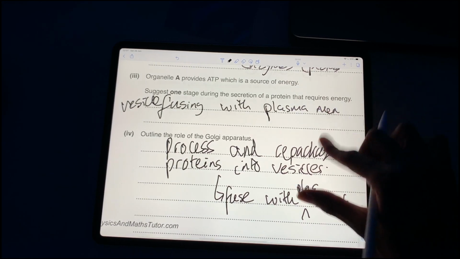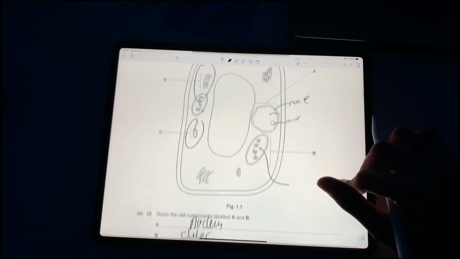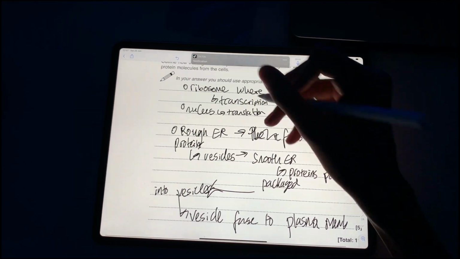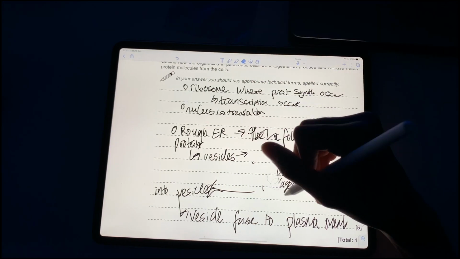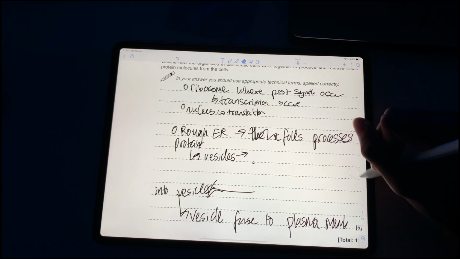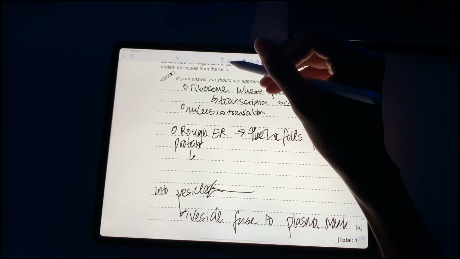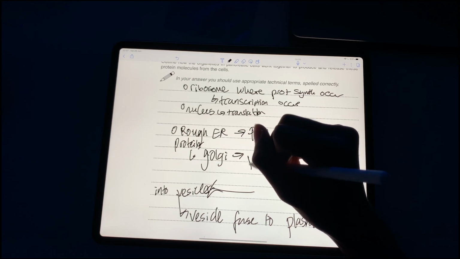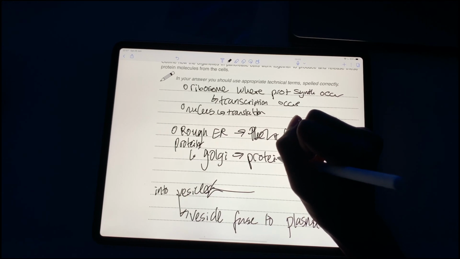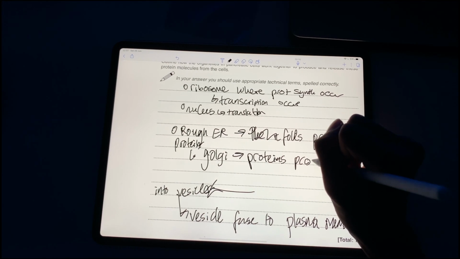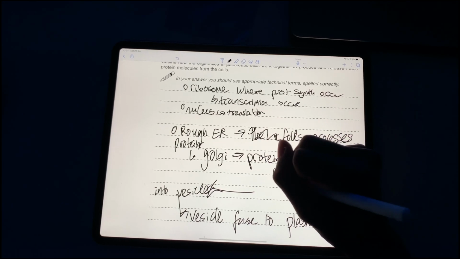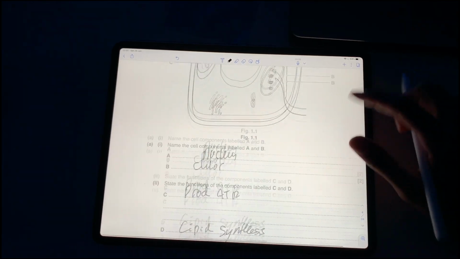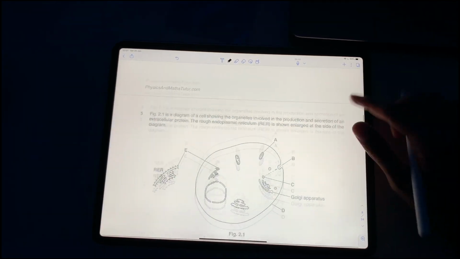So that means I got the one up there wrong because I didn't talk about the Golgi. So that's the Golgi, is where proteins are processed and packaged into vesicles. Maybe that's right, I don't know.